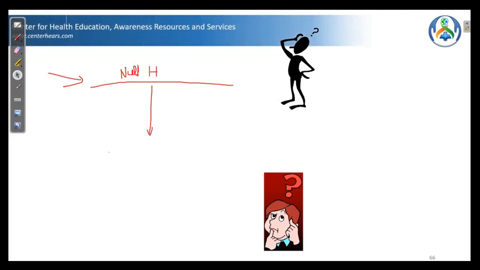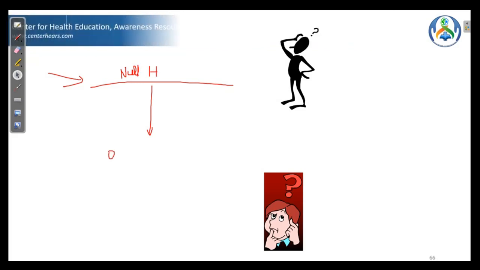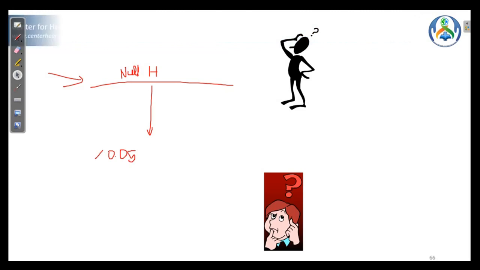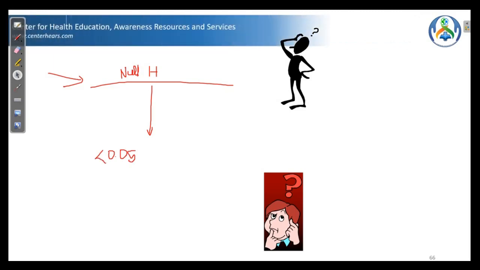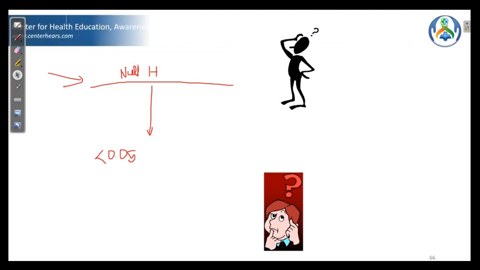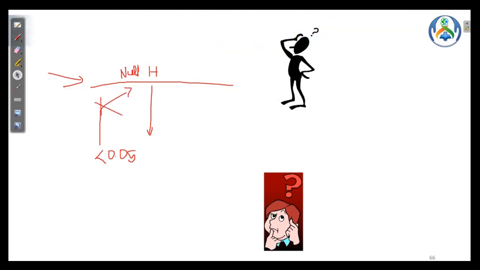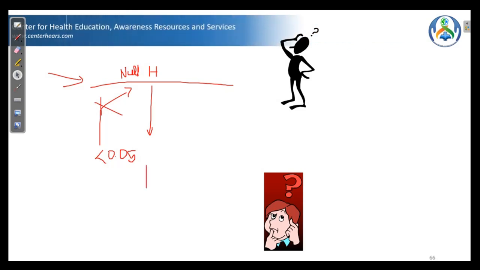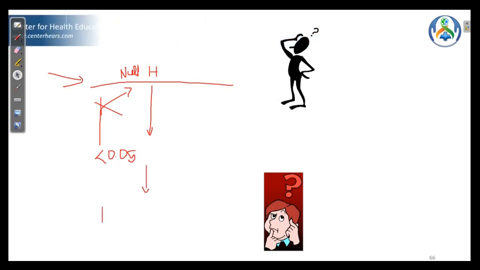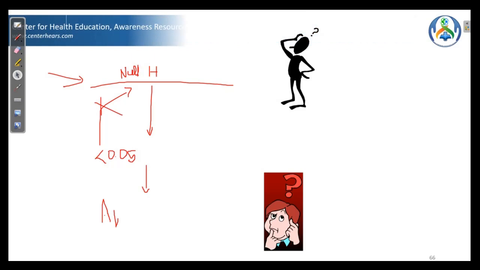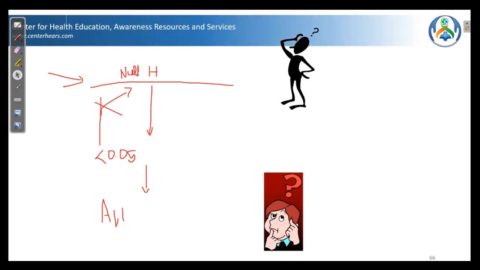If the probability is less than 0.05, then we say that the chance of occurrence of the null hypothesis is very less, and we are going to accept the alternate hypothesis, right?